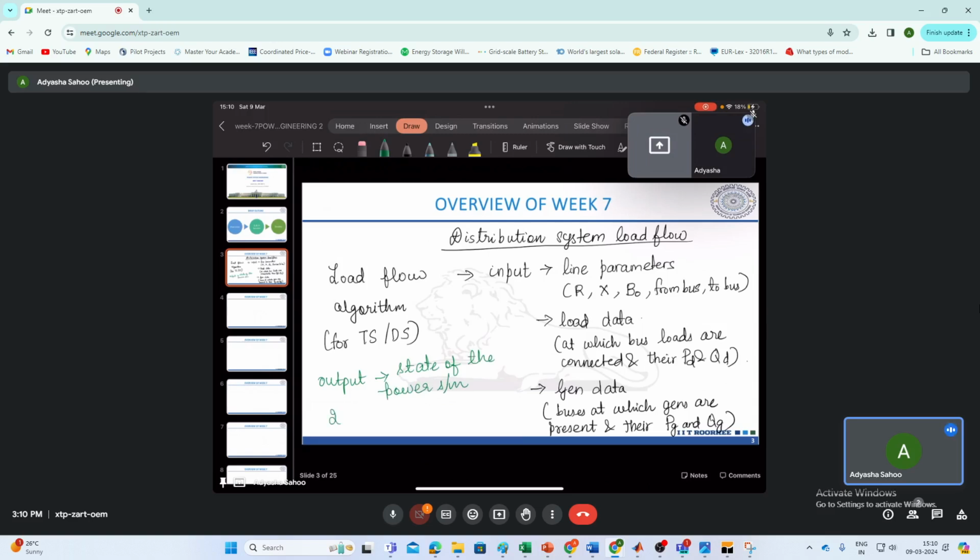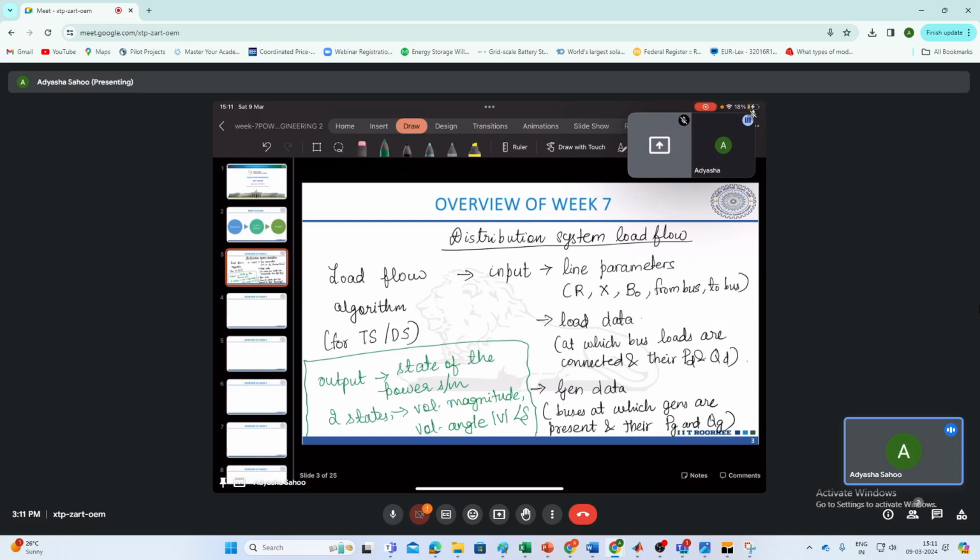Basically, we have two states, that is your voltage magnitude and the voltage angle. That is, we generally write it as mod V and angle delta. So this is the output that we get from the system.